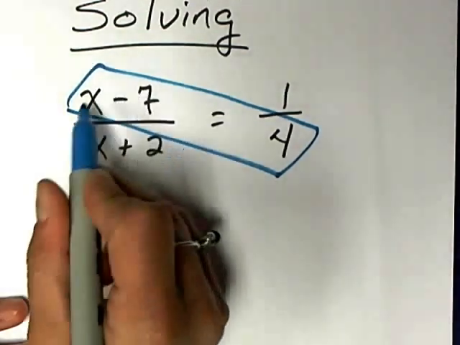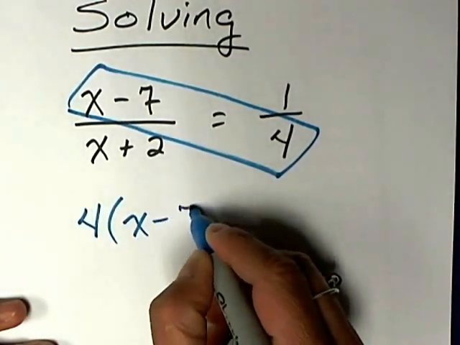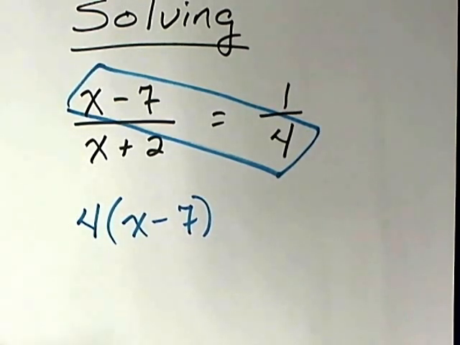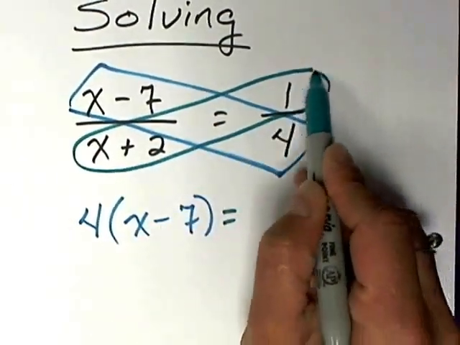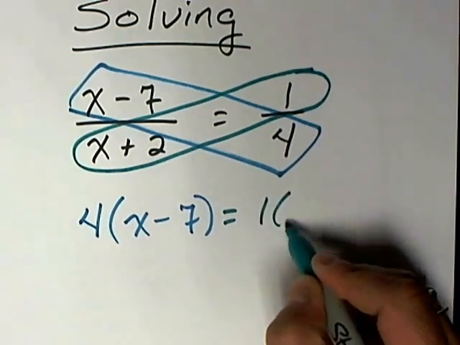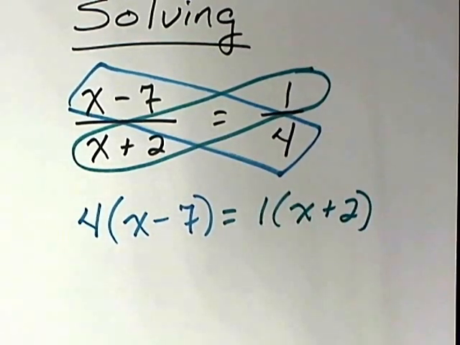Now that 4 has to be multiplied to this entire numerator, so it's times a quantity of x minus 7. Make sure you use your parentheses for proper notation. That will be equal to the product of the diagonal going the other direction, which is 1 times the quantity of x plus 2. The nice thing is, we just got rid of all those nasty denominators.